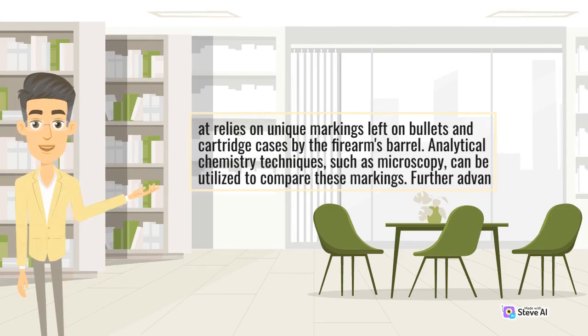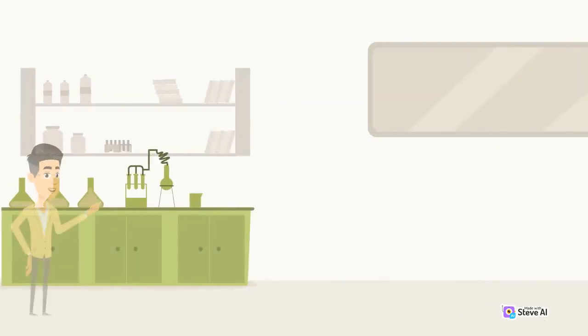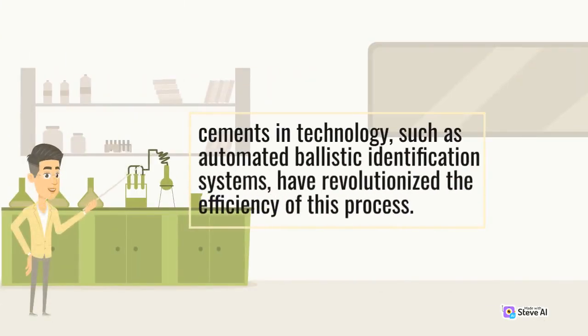Analytical chemistry techniques, such as microscopy, can be utilized to compare these markings. Further advancements in technology, such as automated ballistic identification systems, have revolutionized the efficiency of this process.